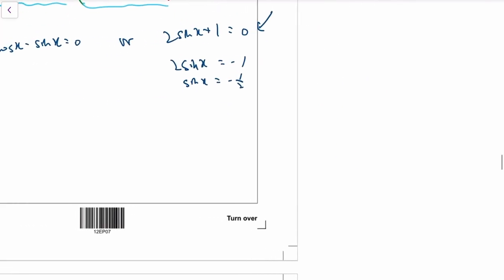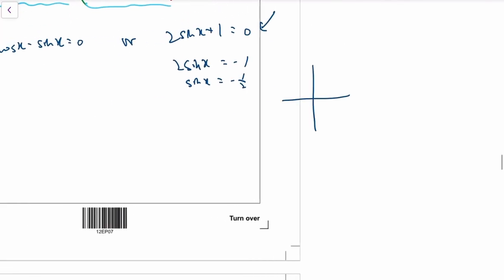This is where one of the special angles is useful. So you should memorize this: sine 30 is half. And then we'll use the CAST diagram. That means the reference angle for this is 30, because sine 30 is half.